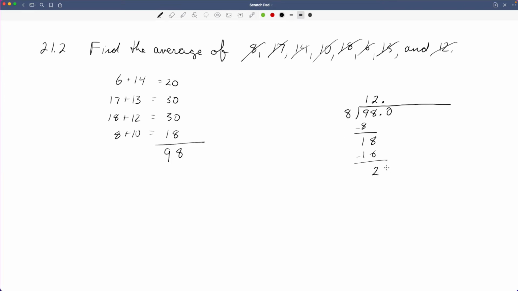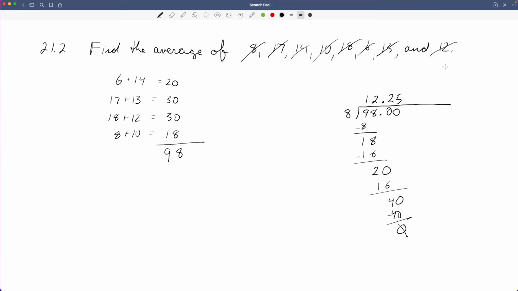And we have a remainder of 2. 8 goes into 20 2 times. 2 times 8 is 16. I have a remainder of 4. We need another 0. And 5 times 8 is 40. No remainder. So 12.25 is the average of these 8 numbers.